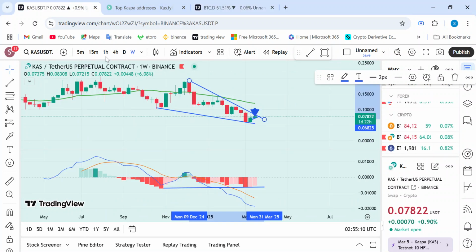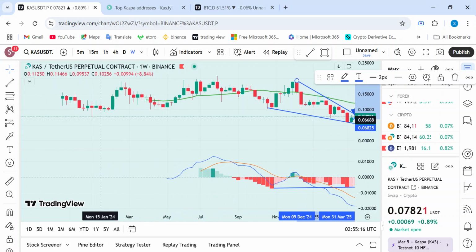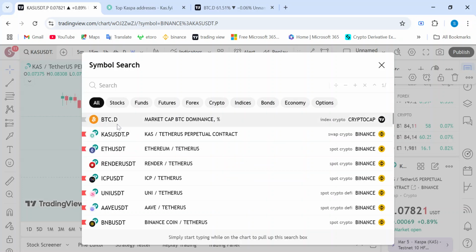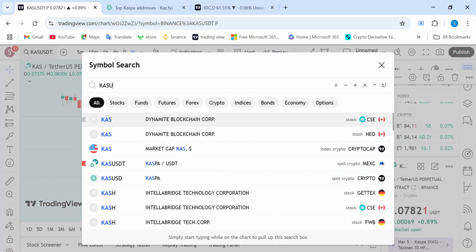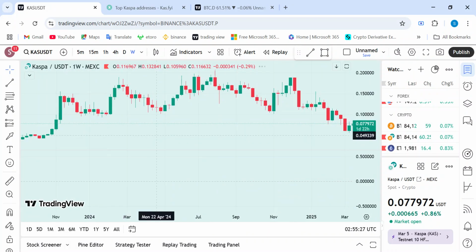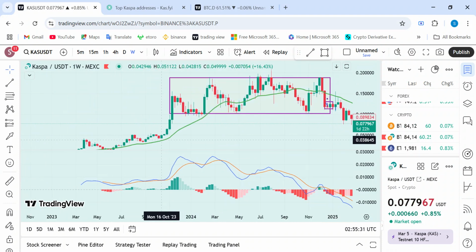Let's go to the KASPA chart on the weekly and see where it was in May 2023. KASPA on MEXC, CAS USDT on MEXC, because it has more data than the Binance chart.